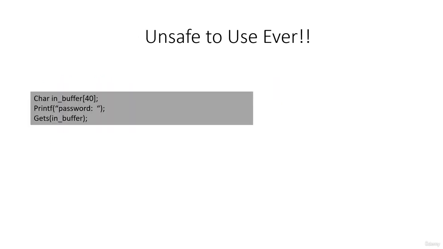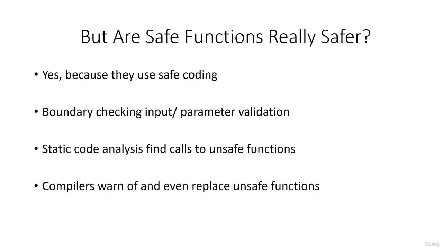An example of an unsafe function to avoid: in this case the code makes it very easy to check your password, because the password is within the code, so anyone can check the password within its code. But are our functions really safer now?